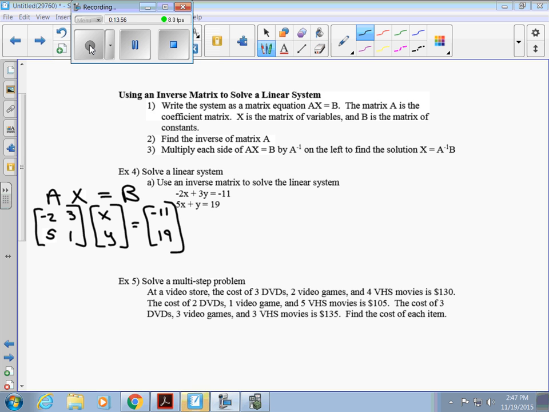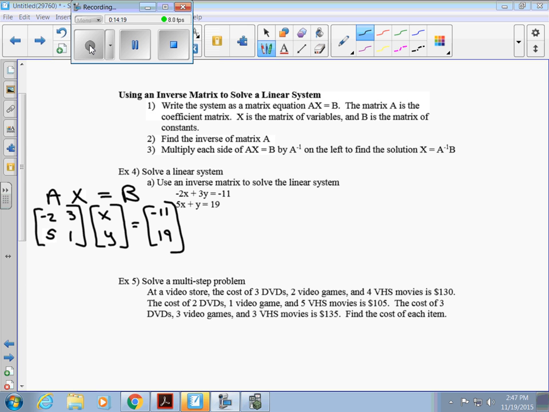So we're going to set up the system of equations, and now it looks exactly like the problems that we did earlier when solving for X. It's in this form. We have the system of equations. A is our coefficient matrix, B is our matrix of constants, and the X is our matrix of variables.